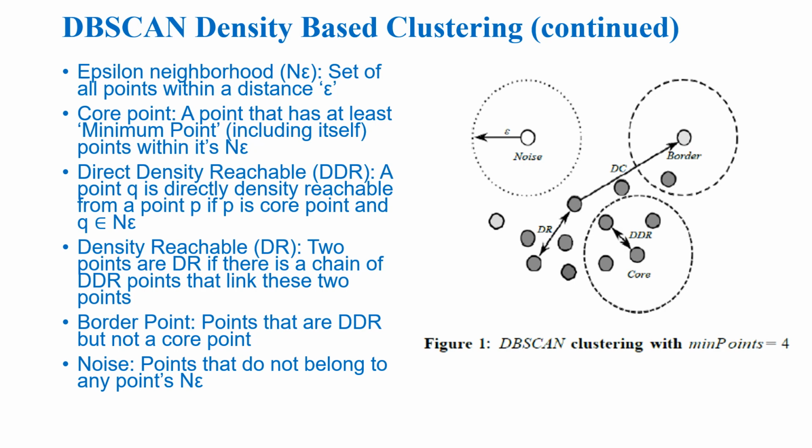Density reachable: two points are density reachable if there's a chain of directly density reachable points that link these two points. A border point: points that are directly density reachable but not a core point. And finally, noise: points that do not belong to any point's neighborhood of epsilon. So they're kind of out by themselves, and they don't cluster with any other points.